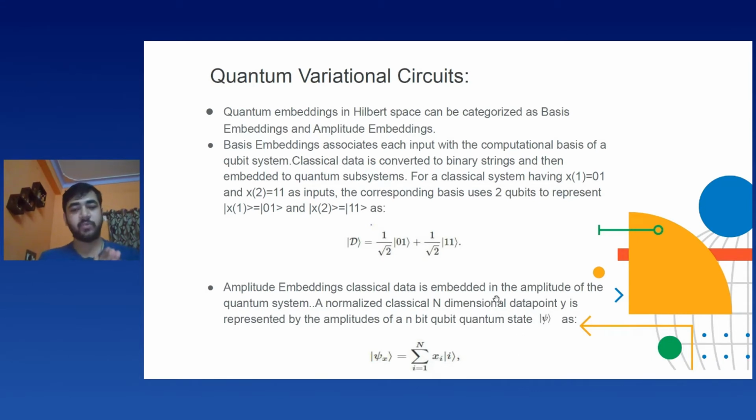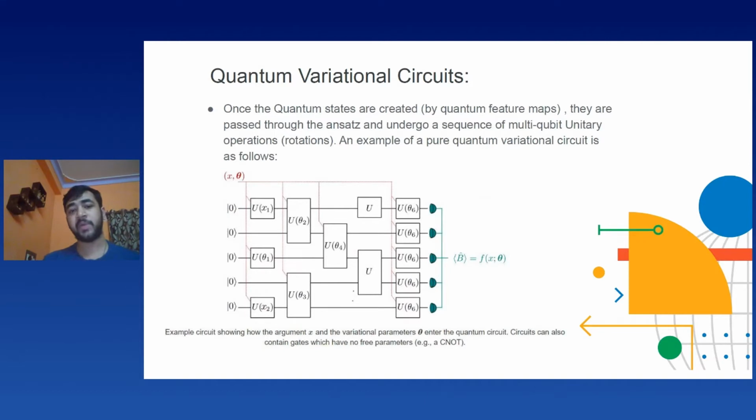Whenever we try to encode in amplitudes, we are considering a part of the phase as well. As we know, in a wave we have sinusoidal waves and cosine waves. Similar to that, in amplitude embeddings in qubit systems, we are encoding in the amplitude of that particular wave.